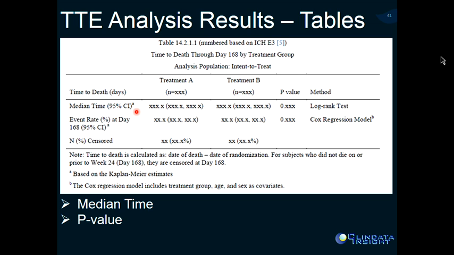In this example, you can find the ADaM ID for that time to event analysis data set. There are two methods we're using for this study, the log-rank test and the regression model. According to that information, we produce a p-value and determine how statistically different the two drugs are.